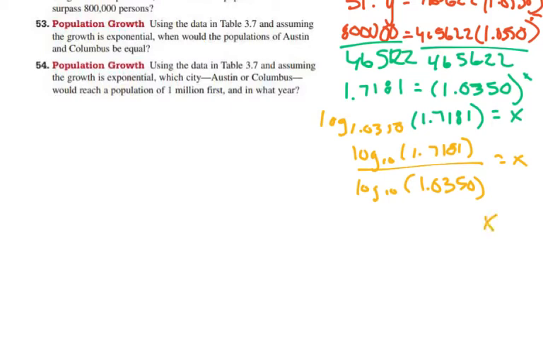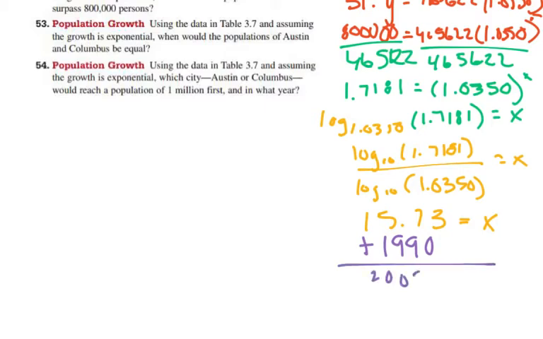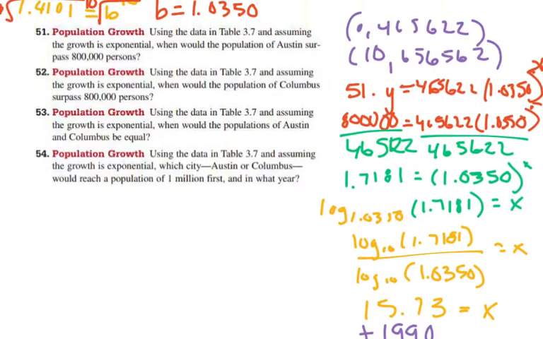So when we get an x of 15.73 blah blah blah, we can add that to the starting year of 1990, and we're going to say that apparently in 2005, that's when the population reached 800,000, because clearly that's in the past.